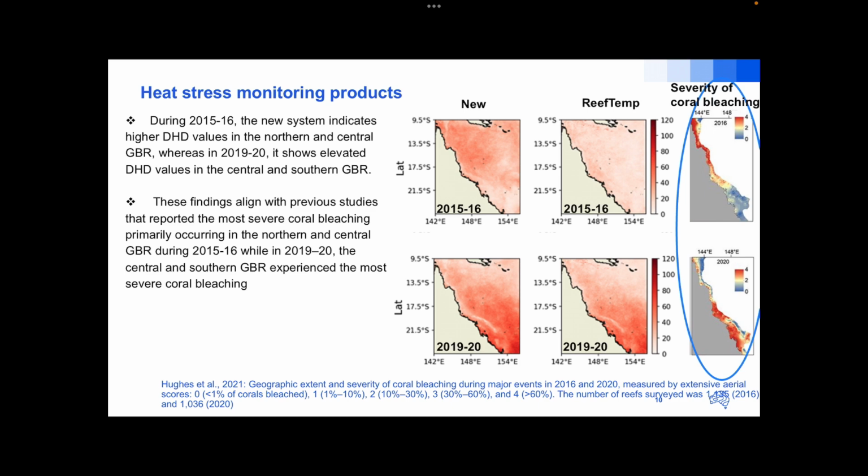The most severe coral bleaching primarily occurred in the northern and central GBR during 2015-16, while in 2019-20 the central and southern GBR experienced the most severe coral bleaching. These reports align with our metrics, and the new method is more aligned with this bleaching data.